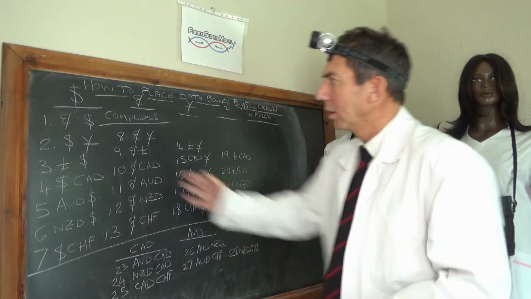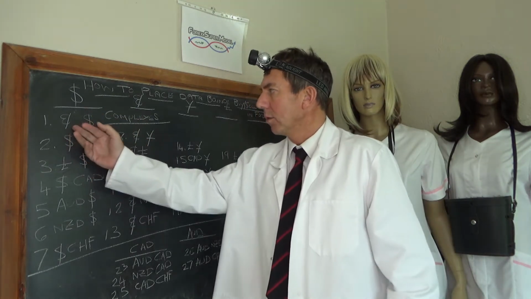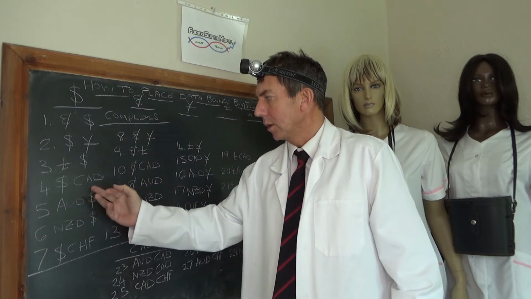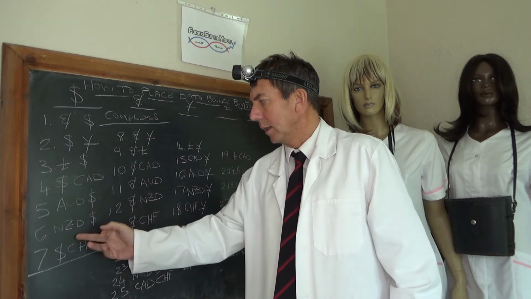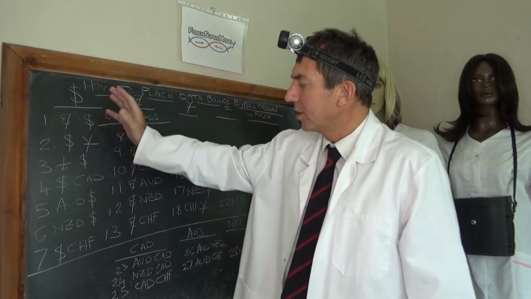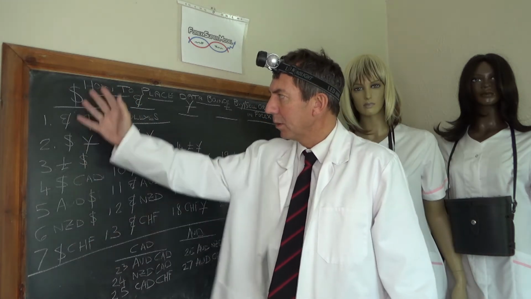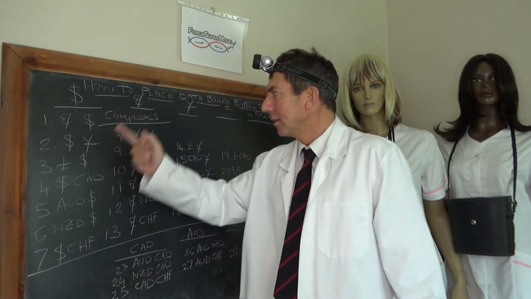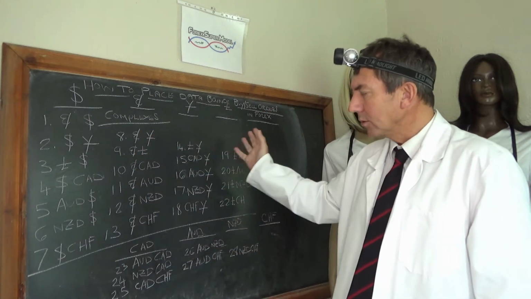So for example, the dollar complex, you've got the euro dollar, dollar yen, pound dollar, dollar CAD, AUD dollar, NZD dollar, and dollar CHF. This gives you seven FX pairs per complex. So there's 7 dollar pairs, there's 7 euro pairs, and so on.